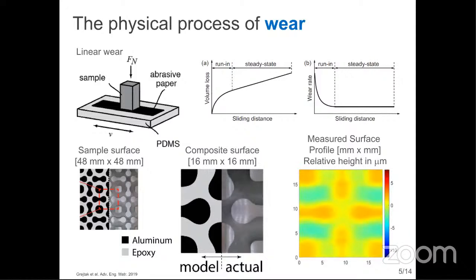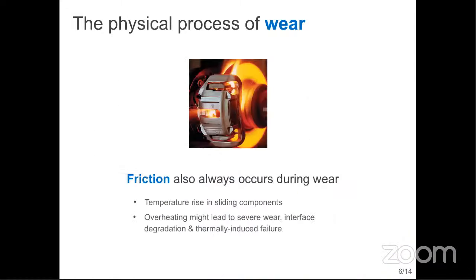You see features develop that match the material distribution. Aluminum parts remain high in red, while epoxy wears away more and becomes recessed, so it's blue. The last important physics to mention today is that with sliding, we can also have significant frictional heat. That heat can make wear worse or induce other failures.